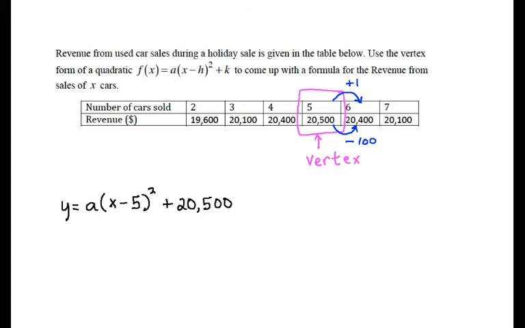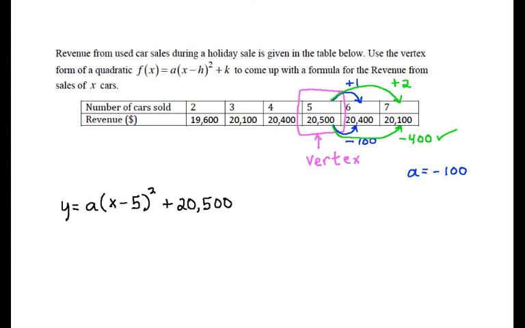So already I can tell that my leading coefficient has got to be negative 100. I can verify that now by seeing what happens if I go 2, right? I would expect to see, if the leading coefficient is negative 100, this should go down 400, because of that 1, 4, 9 pattern again. And in fact, it does go down 400. So I have correctly identified the leading coefficient.